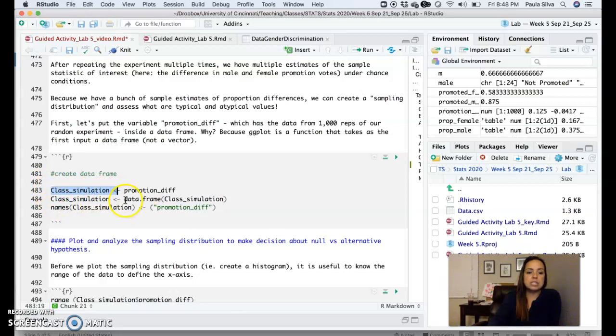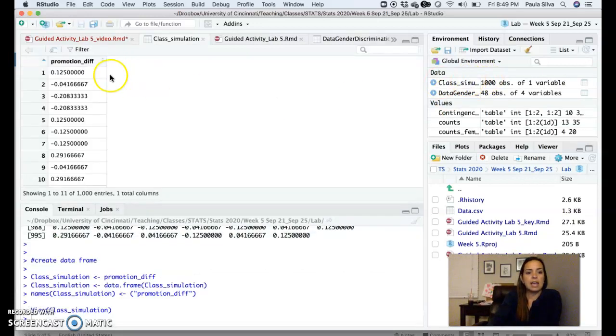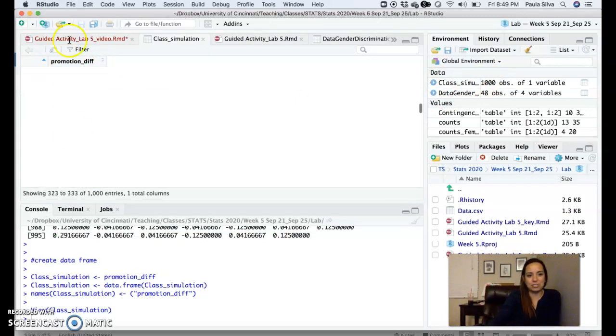And we're going to transform that into a data frame by saying data frame class simulation, because as of now it's just a vector. And now we're going to put a name to that vector called promotion diff. So if we do that, now we have the class simulation here, and we have the 1,000 values of difference.